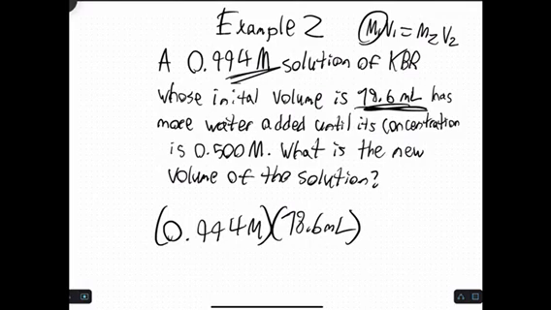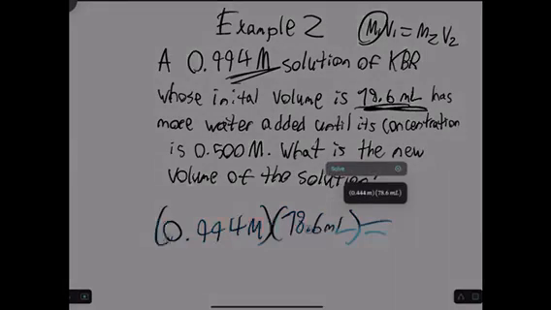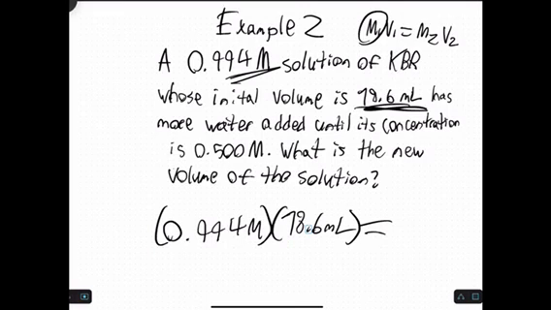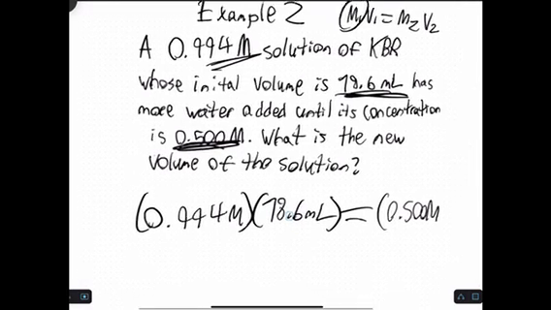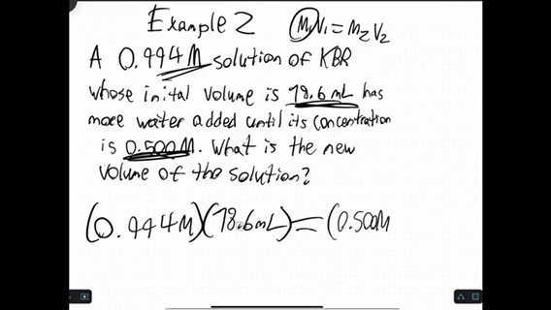Has more water added until its concentration is 0.500 M. What is the new volume of the solution? So this is our V2 or our x, but we'll just consider it V2 for this.